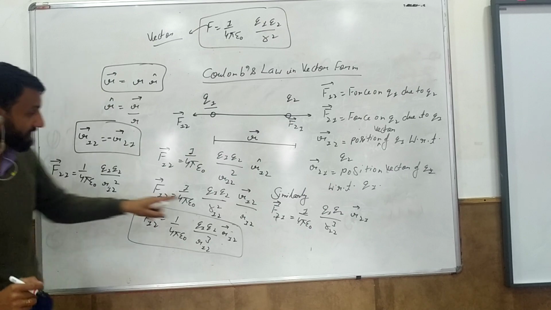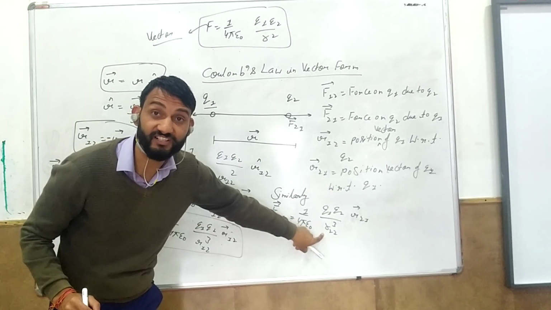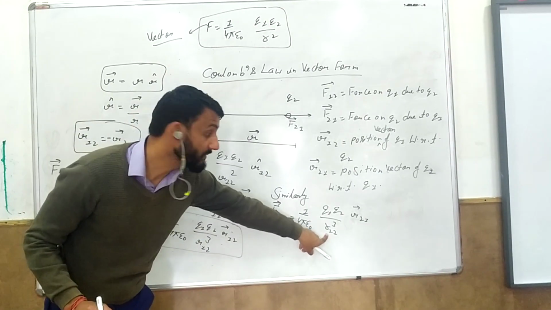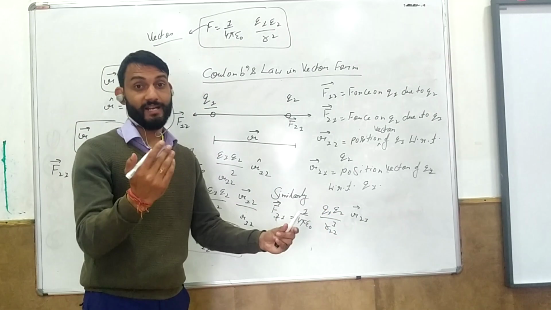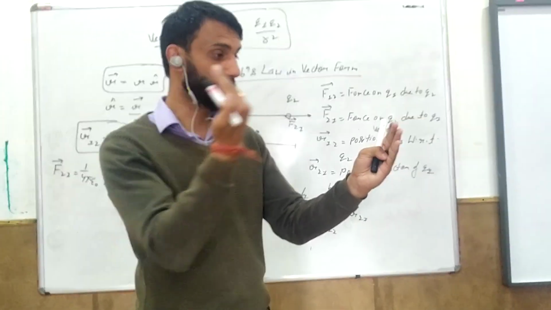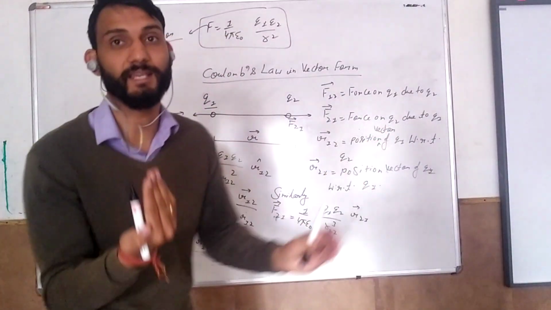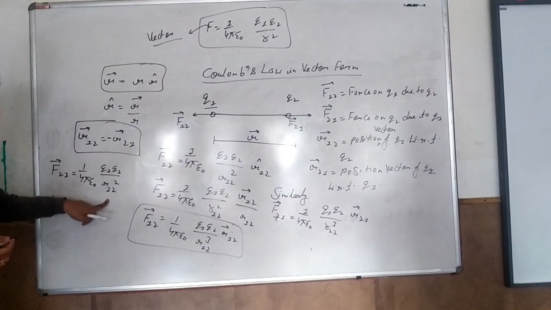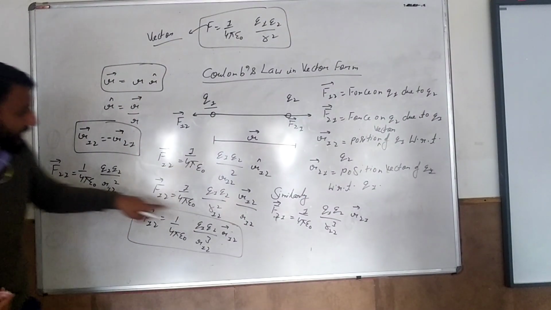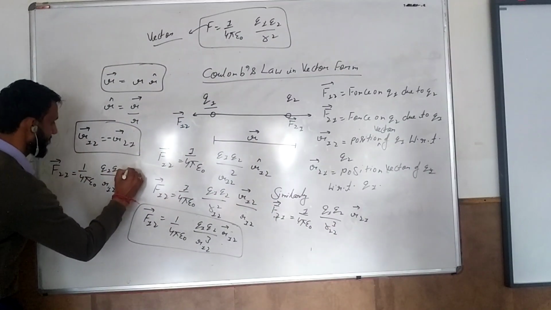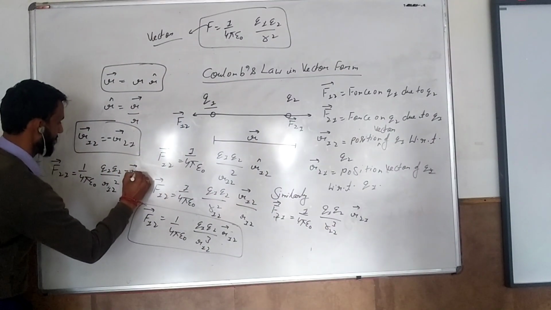The magnitude of this and this is going to remain the same, only there will be a difference of direction. In the first case it will be from this point to this point, and in the other case from this point to this point, but the distance will remain the same. So what I am going to do now, instead of this R21, I am going to put negative R12.